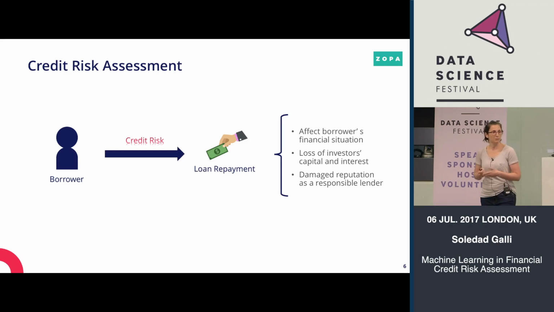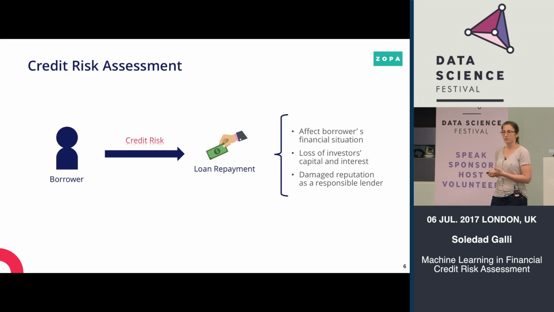We don't want to lend money to people if that is going to hold them back, if that is going to affect their financial situation, say because they will not be able to repay their debt. We also want to manage risk because we don't want our investors to lose their money. We want them to be confident that they will lend the money to people that will be able to repay. And also because we want to keep our reputation as a prudential and responsible lender.